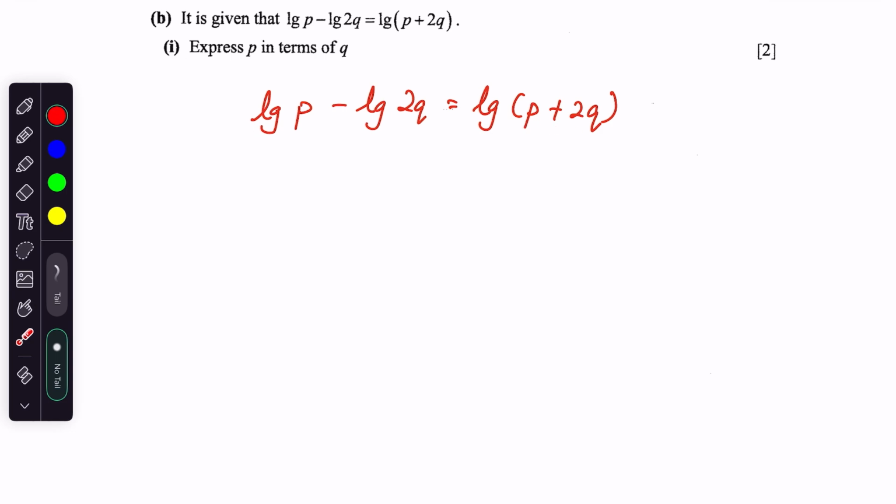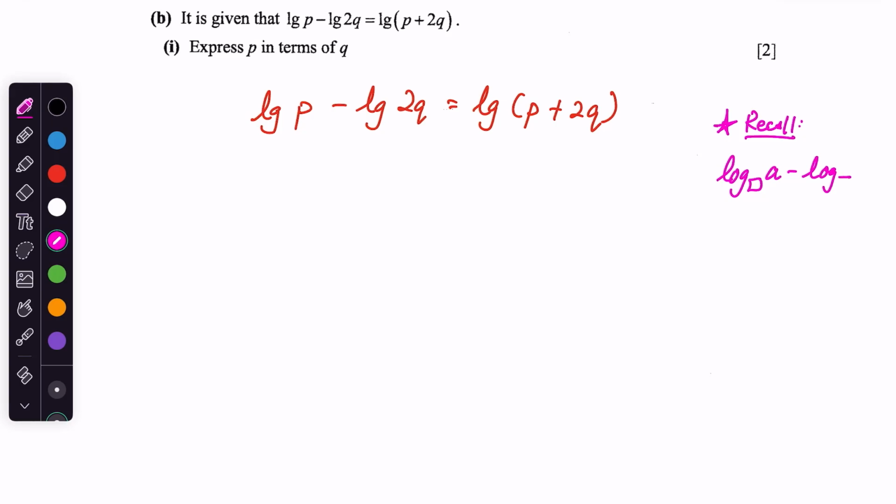So whenever I have log minus log, we recall, I'll write it at the side. Recall that log base anything A minus log base anything B is log base the same thing, first guy over second guy, right?